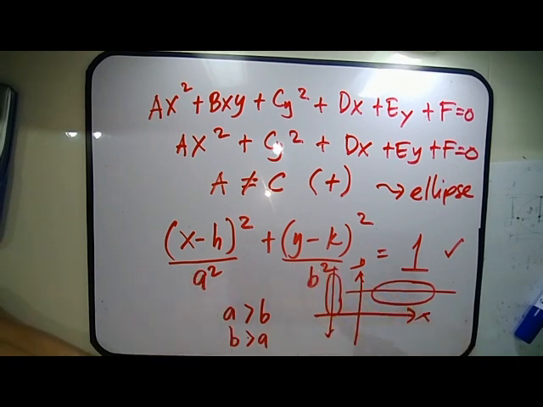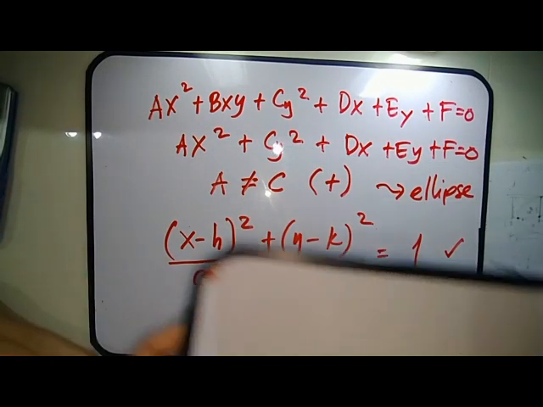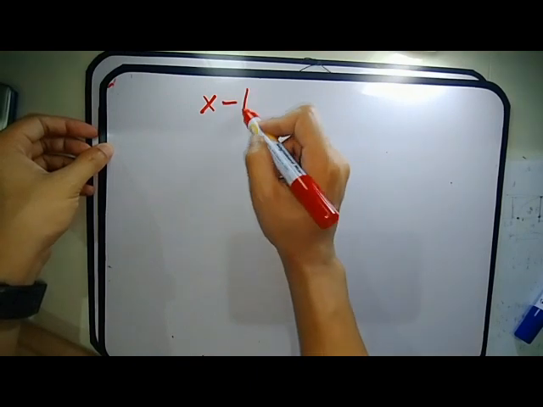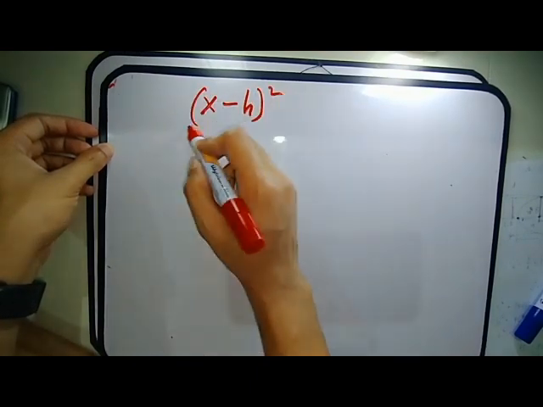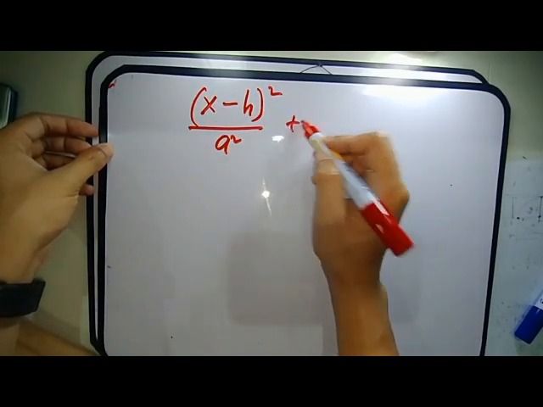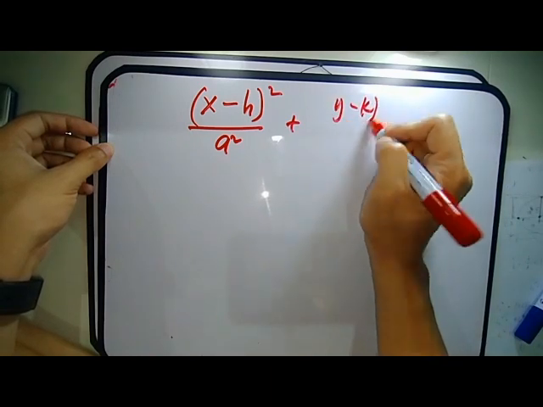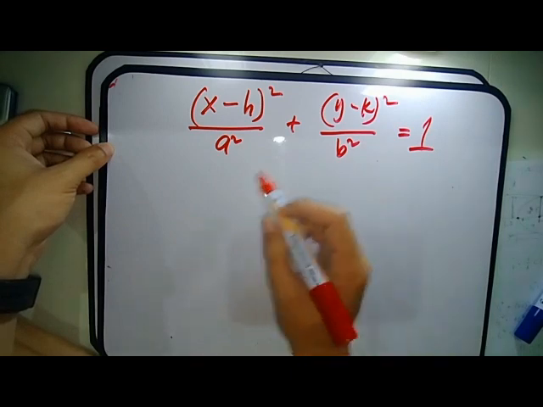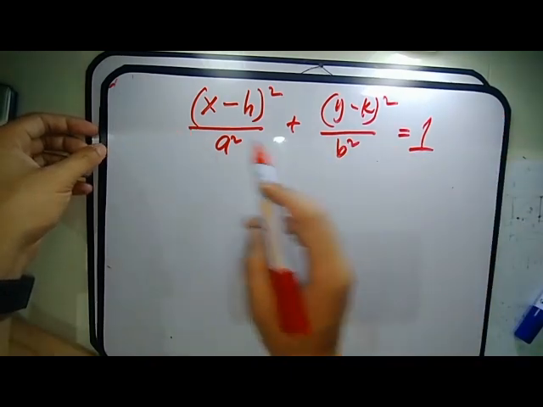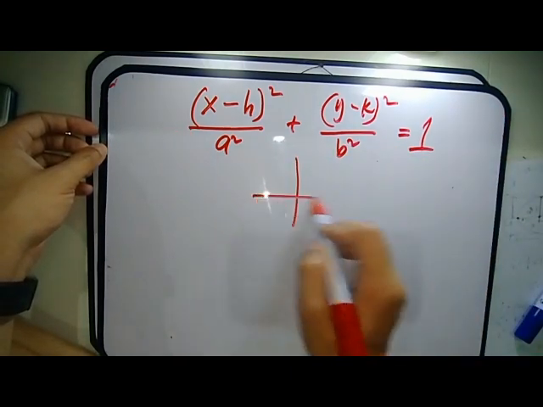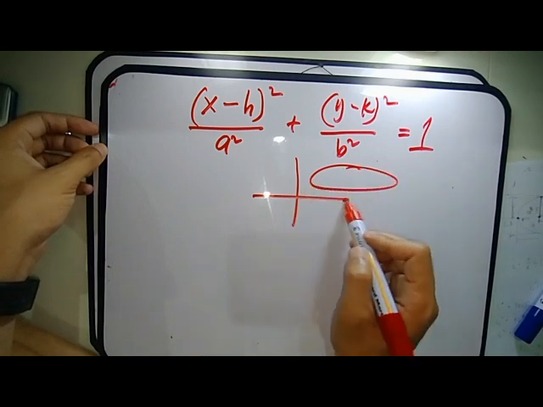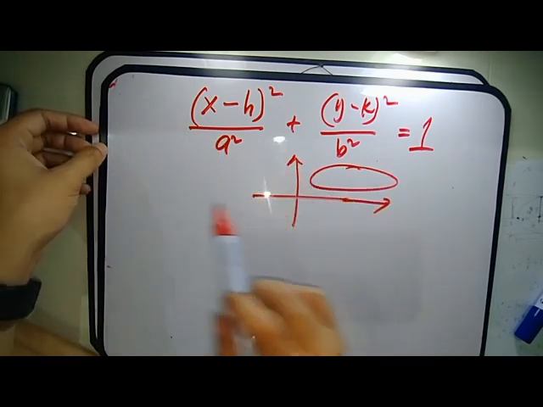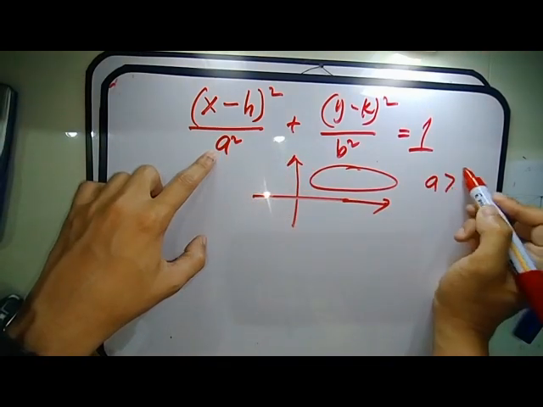In other books, when it is horizontal, you have this. This is horizontal, guys: (x minus h) squared over a squared plus (y minus k) squared over b squared equals 1. The axis here is horizontal, since a is greater than b.